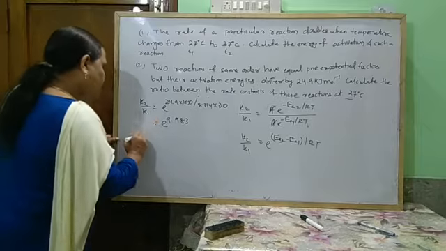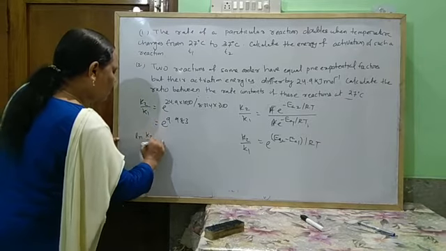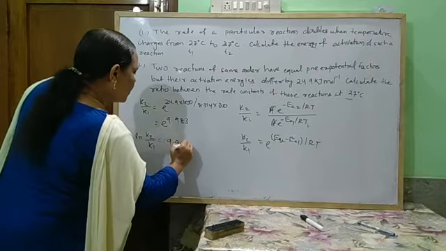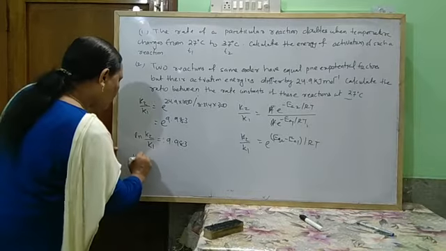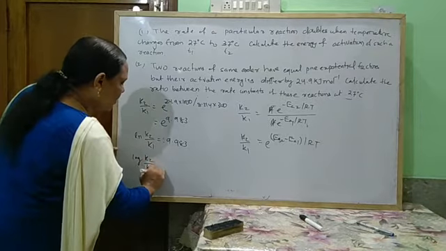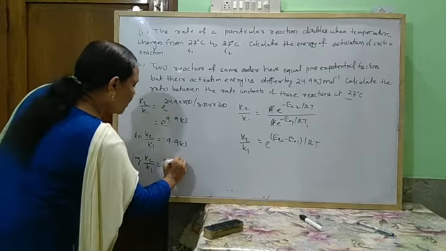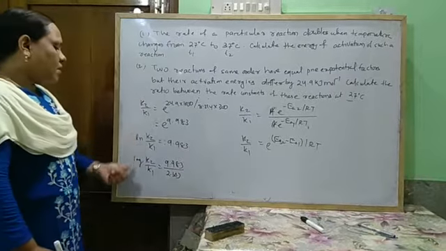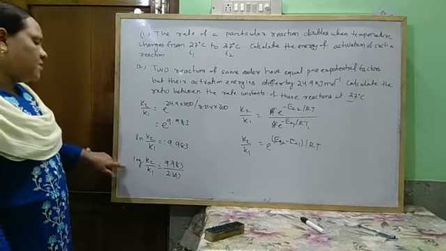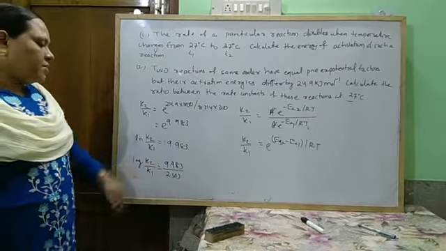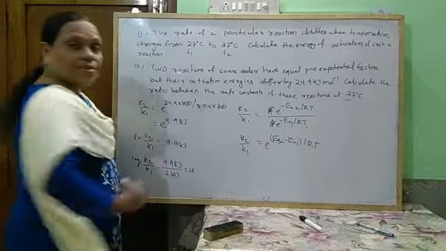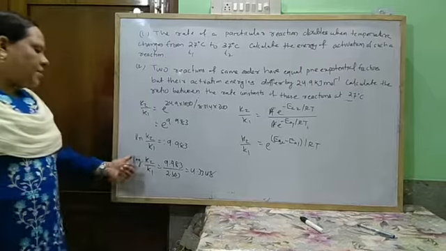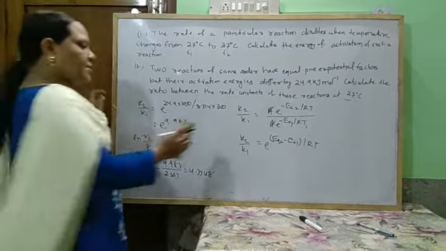Now taking logarithm both sides, ln K2 by K1 equal to 9.983, or log K2 by K1 equals 9.983 divided by 2.303. Now ln equals 2.303 log, so 2.303 is divided here. So that value equals 4.3348. Okay, log K2 by K1 equal to 4.3348.